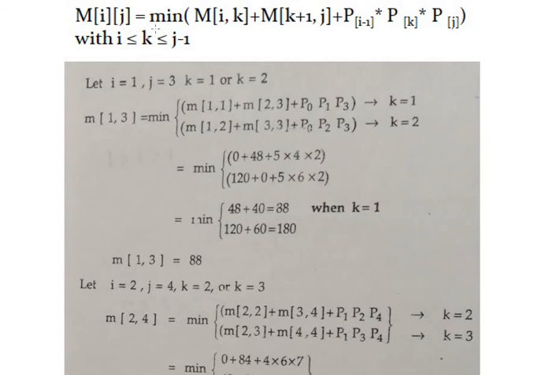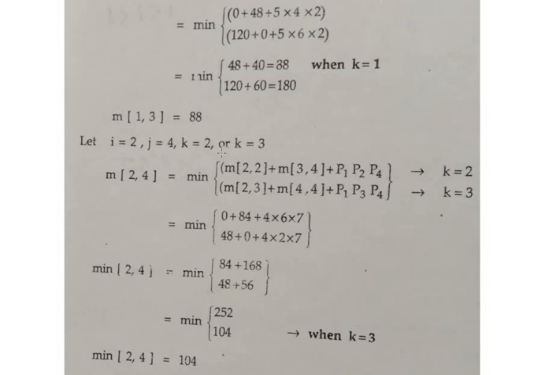Now you assume the value of k, from 2 to 3. So the possibilities of k are 2 and 3, because 1 is not possible since the value of i is 2, and 4 is not possible because the final value is 3. So there are 2 possibilities of k, 2 and 3.